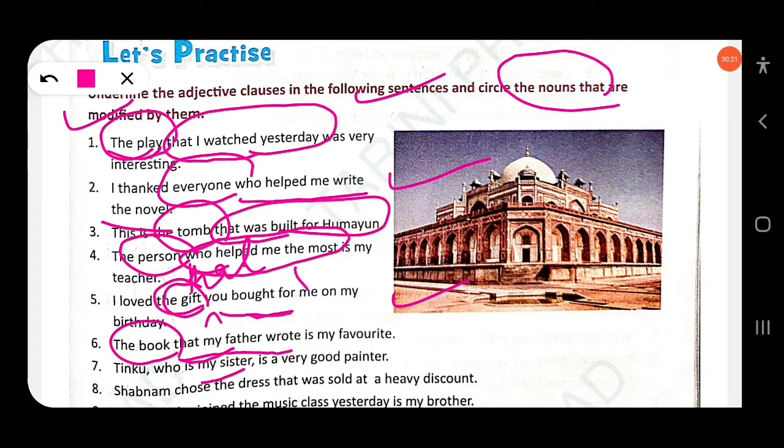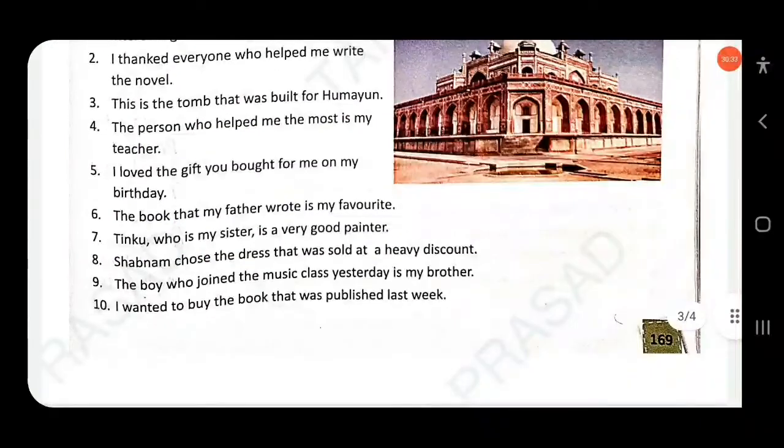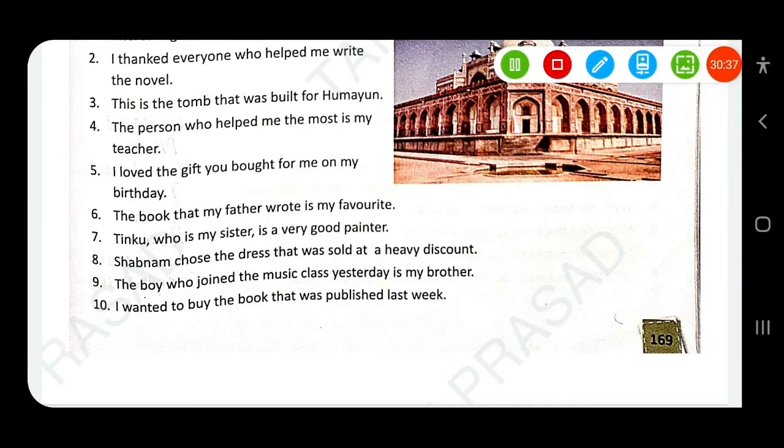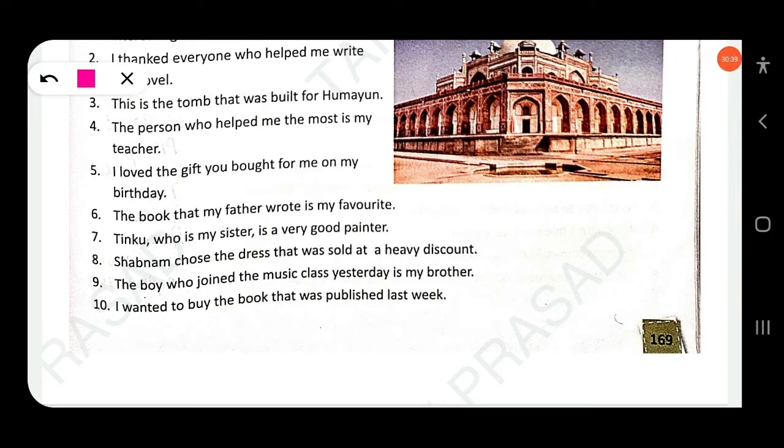Who is my sister is the adjective clause, so underline it and circle the noun Tinku. Then next, Shabnam chose the dress that was sold at a heavy discount. That was sold at a heavy discount is the adjective clause, and you have to circle the noun dress.